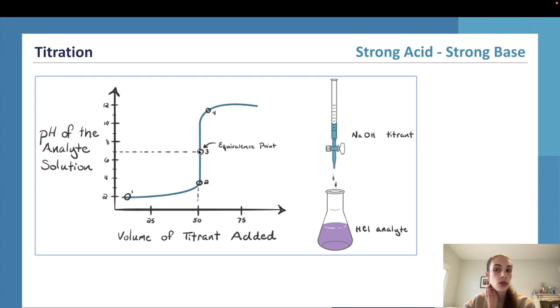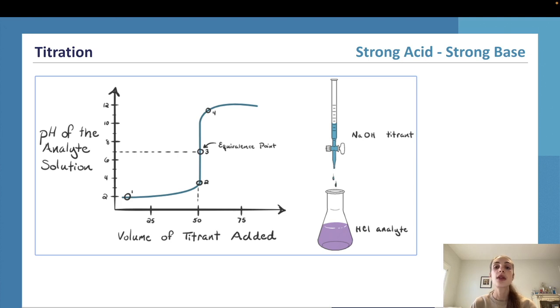And so with a strong acid and strong base, we know that the equivalence point is going to be at a pH of 7 or around 7, because the concentration of hydroxide ions will be approximately equal to the concentration of hydrogen ions.